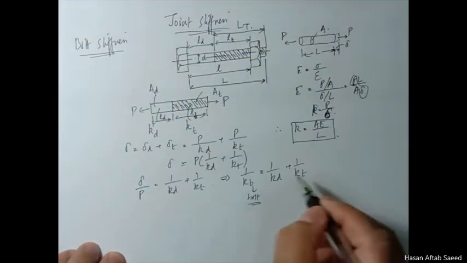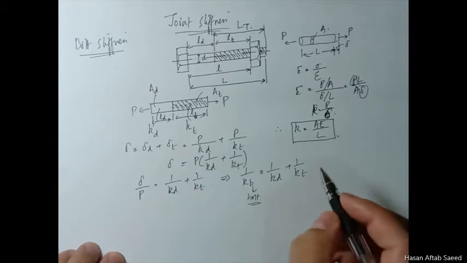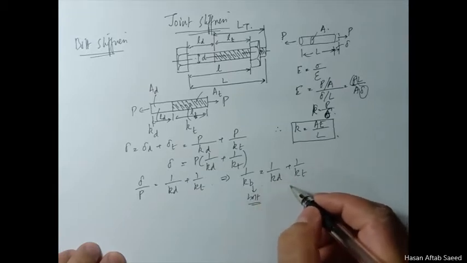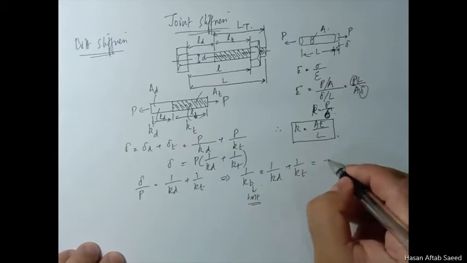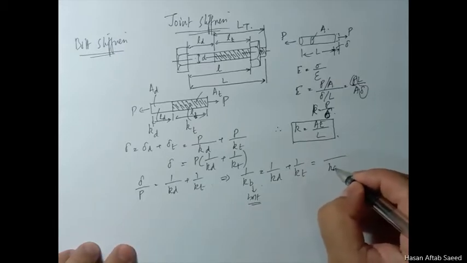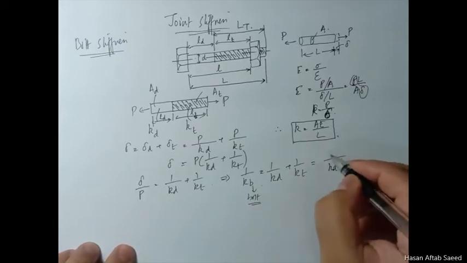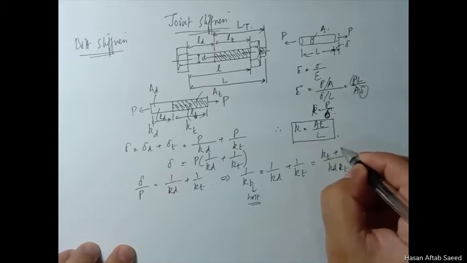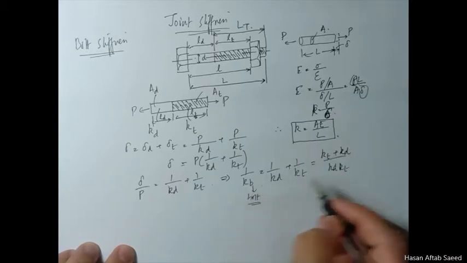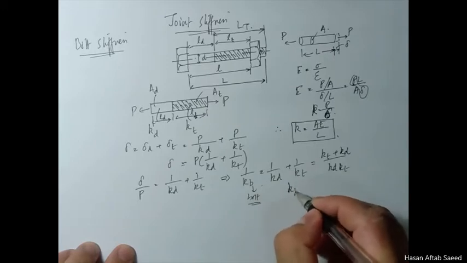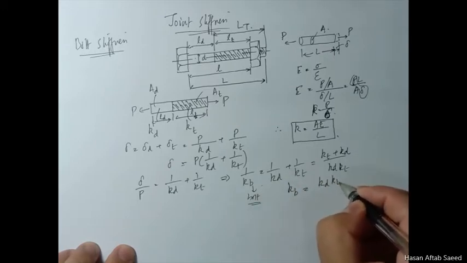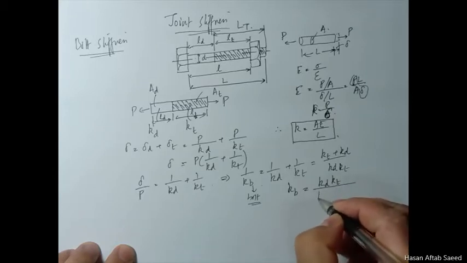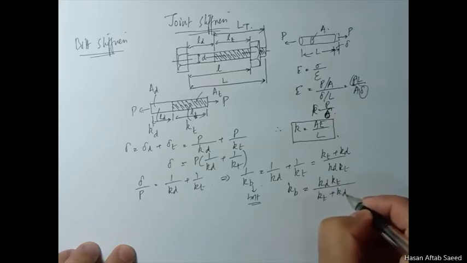Now if this is the case, then you can simplify it further. KT plus KD over KD KT, that is 1 over KB, or in other words KB becomes KD KT over KT plus KD.